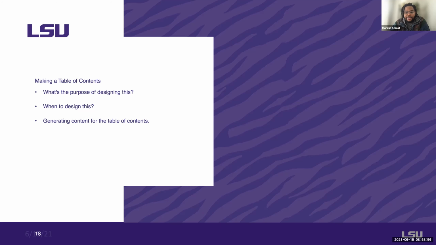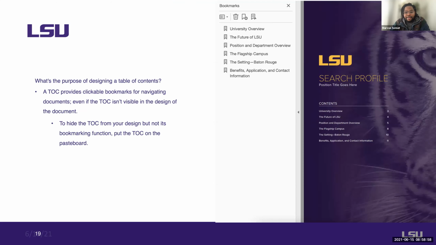So on the next slide, we're going to see that the table of contents provides a clickable bookmark for navigating documents, even if the table of contents isn't visible in your design of the document. Let me backtrack. It helps people who need to navigate your document a lot easier.